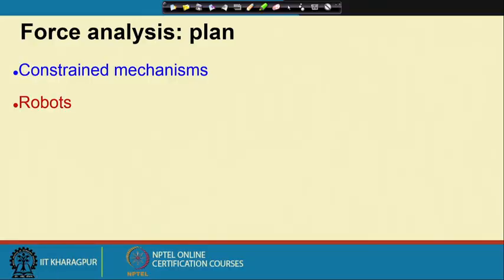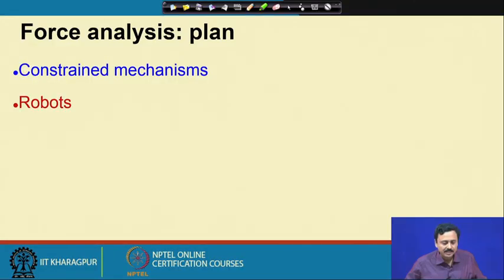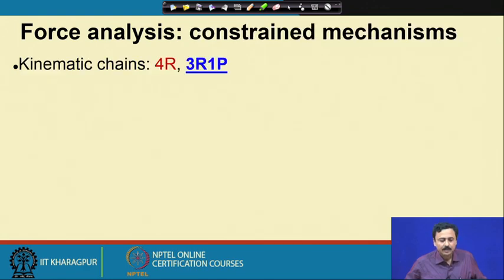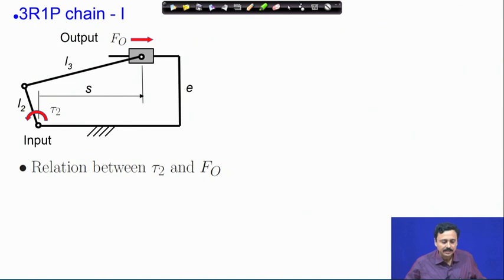So, our plan is to study constraint mechanisms and robots. In the constraint mechanisms, we are going to look at 3R1P chains. Here I have shown you a 3R1P chain of type 1, and as you can see, I have marked the input and the output.